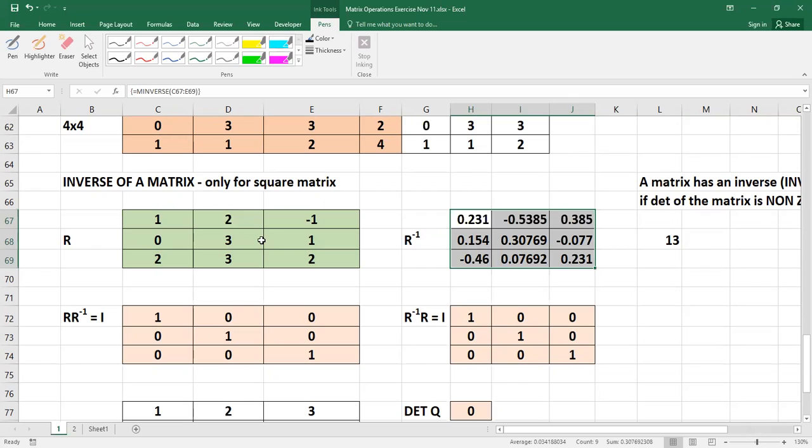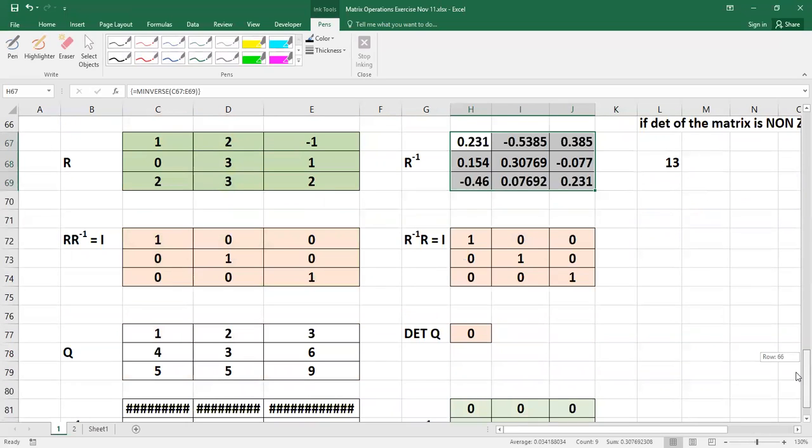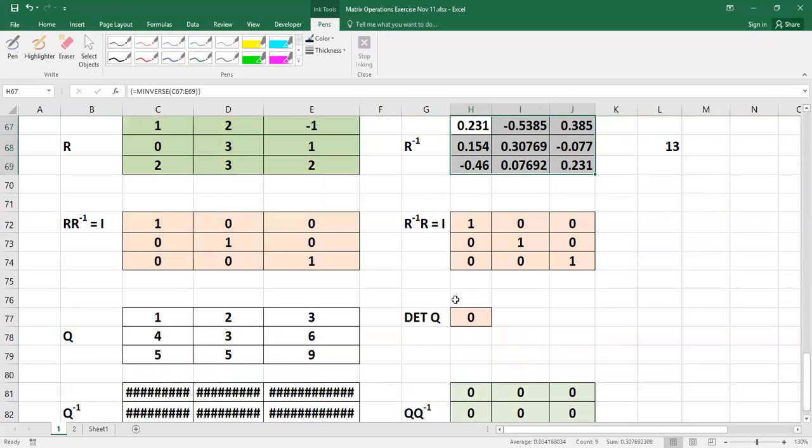And remember that only square matrices can have an inverse. And what's so special about the inverse of a matrix? The inverse of a matrix is such that when you multiply it with the matrix itself, it will yield an identity matrix.